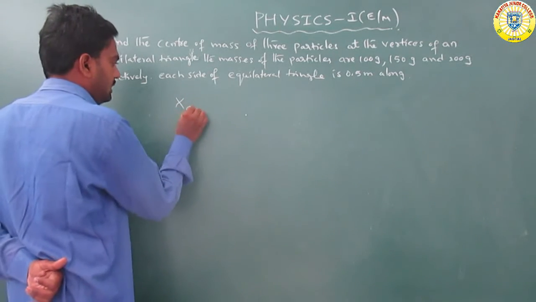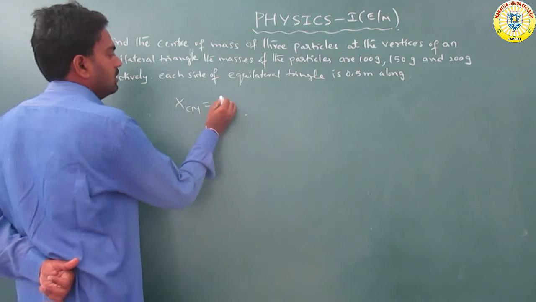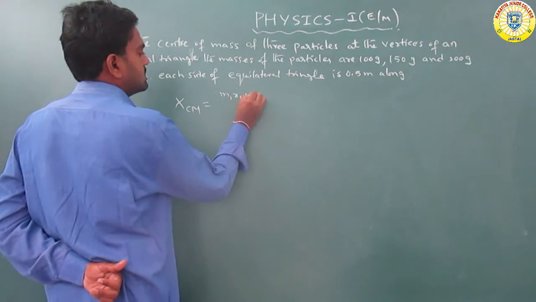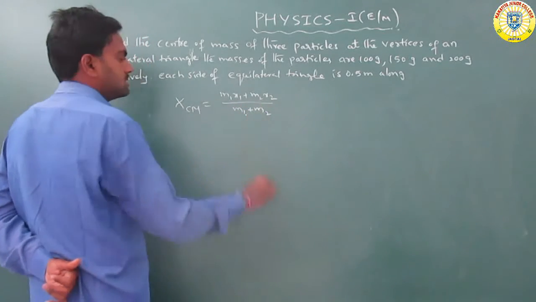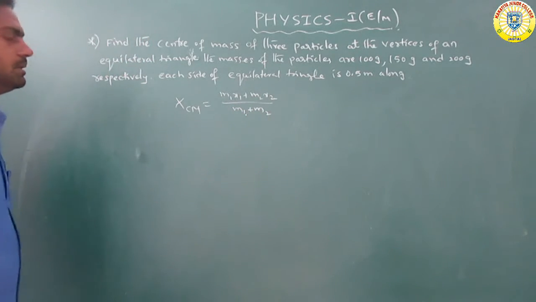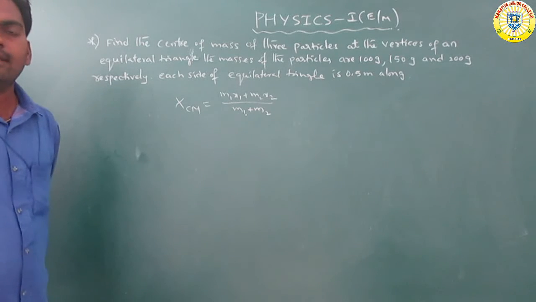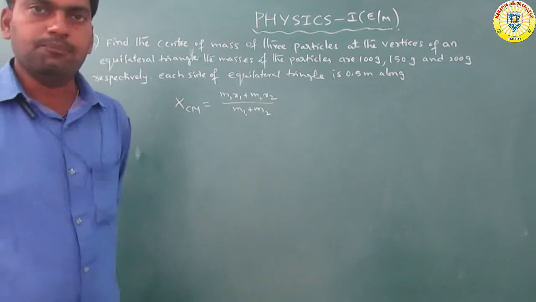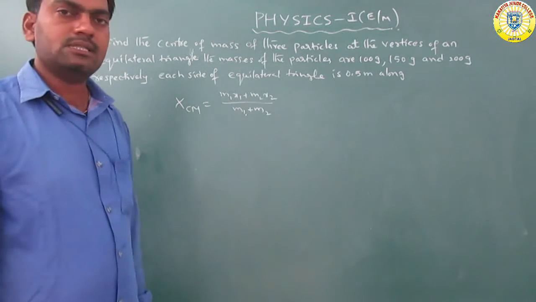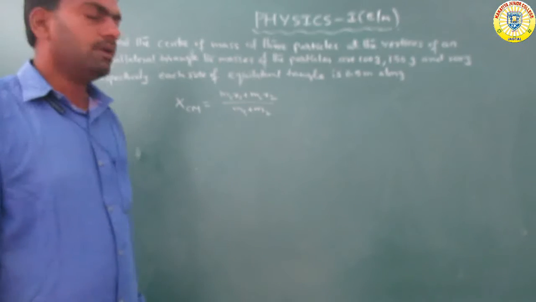So x cm is equal to m1 x1 plus m2 x2 by m1 plus m2. The particles are lying only on the x-axis, one dimensional. If we consider a number of particles, it continues up to mn xn by the total mass.